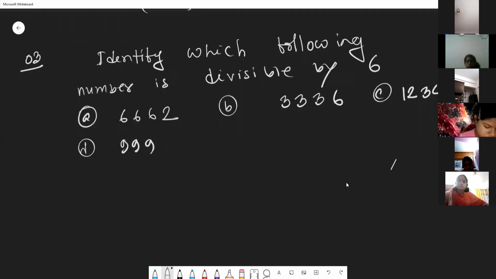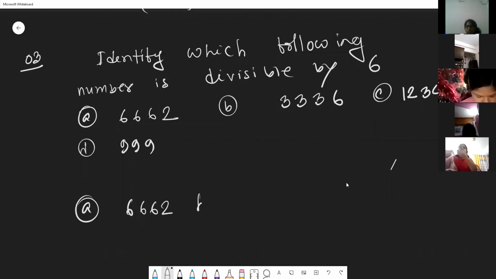Now we can write here. Actually, this is an MCQ-based question, but sometimes it comes as part A in the CQ part. So here, option A: this is an even number, 6, 6, 6, 2.